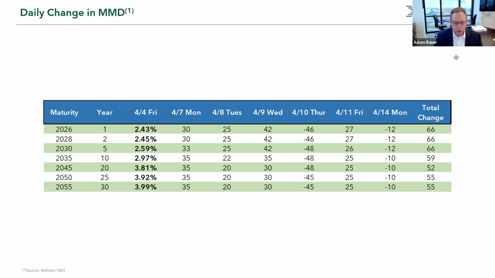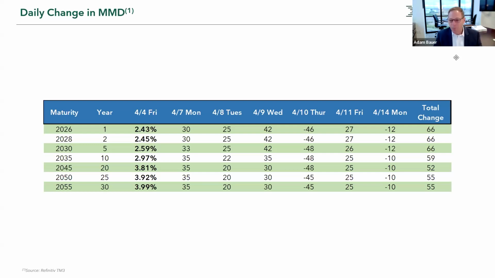So on 4/4, the Friday after Liberation Day, we showed where the MMD is for 1 through 30 on some specific maturities. Then check out that Monday, an increase of 30 basis points. If you look at that 26 maturity, while it was at 2.43, now it's at 2.73. Then the next day, up another 25.